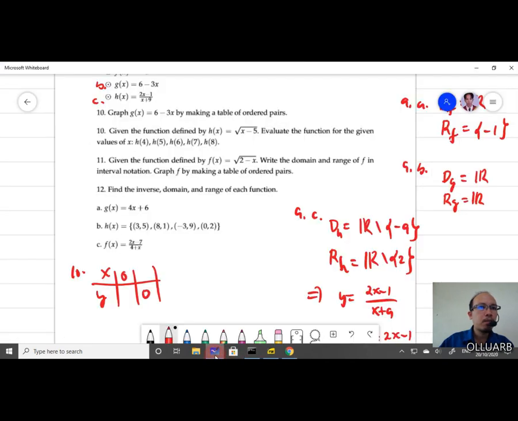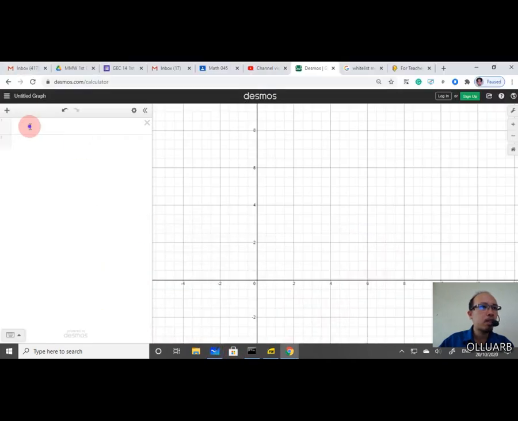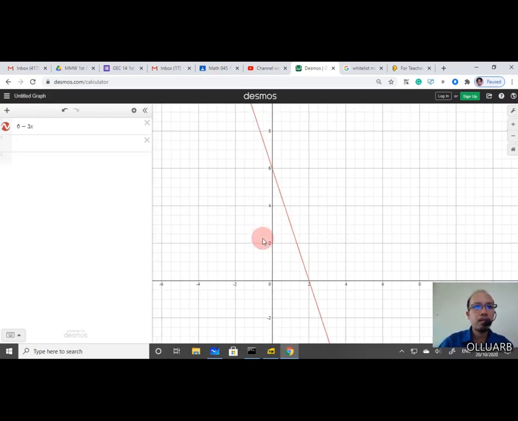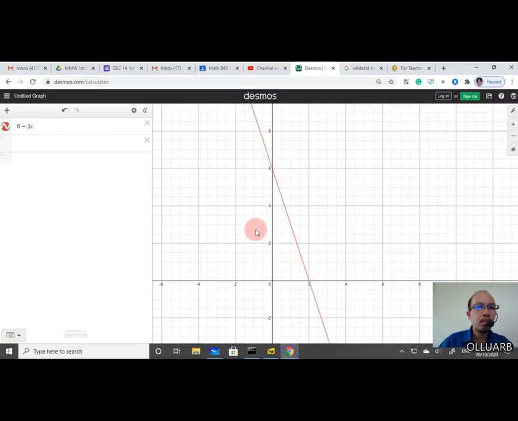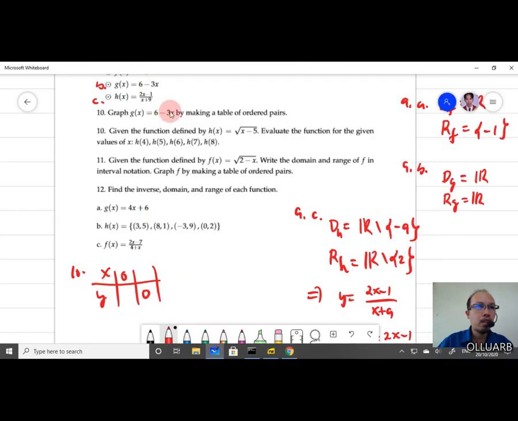The graph looks like 6 minus 3x. So this is the graph. Okay, so you can pause and try solving this function by making a table of ordered pairs. For number 10, this is very easy, just substitute.